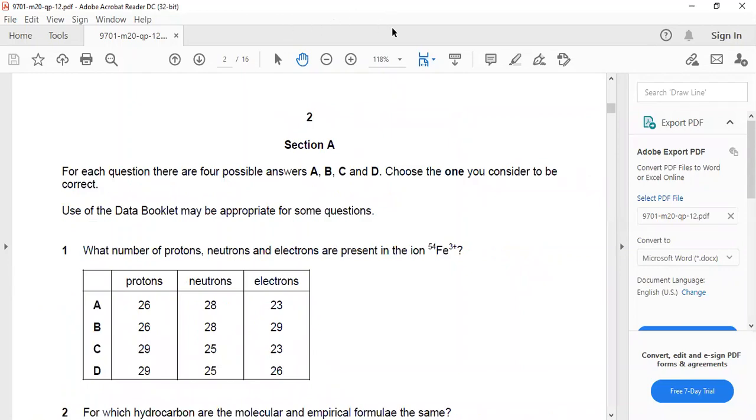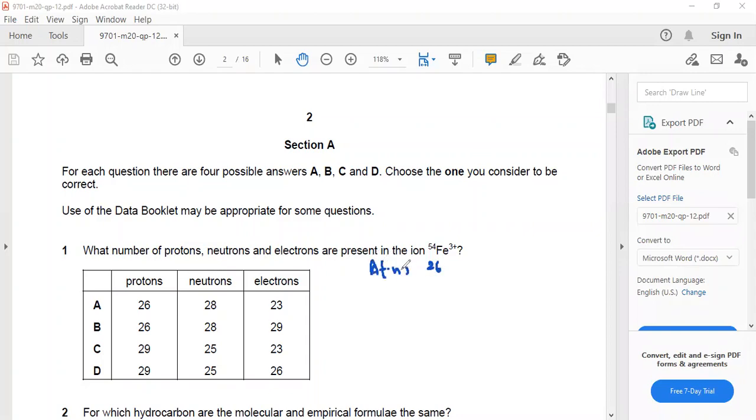Okay, question number 1. You may need the data booklet, meaning the periodic table is needed in question number 1. I think it is a very easy question. What number of protons, neutrons, and electrons are present in the ion? From the periodic table, we know the atomic number is 26.